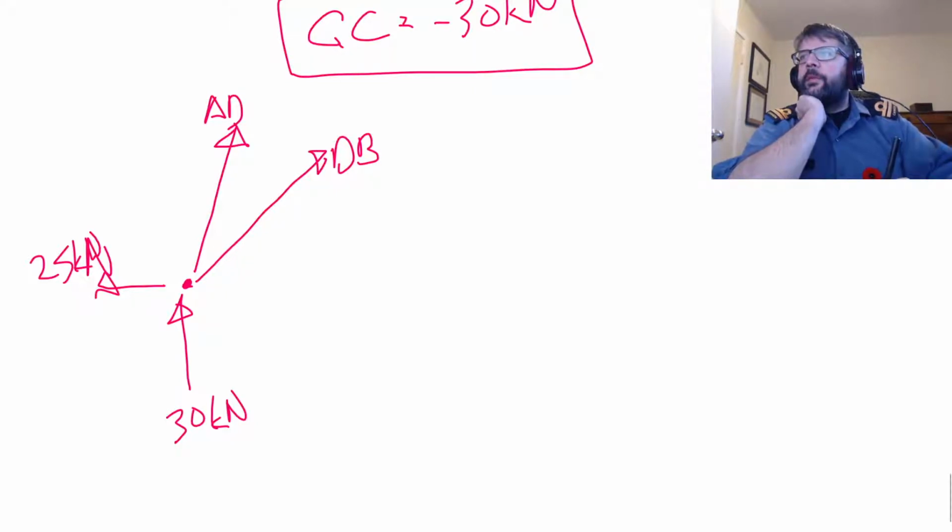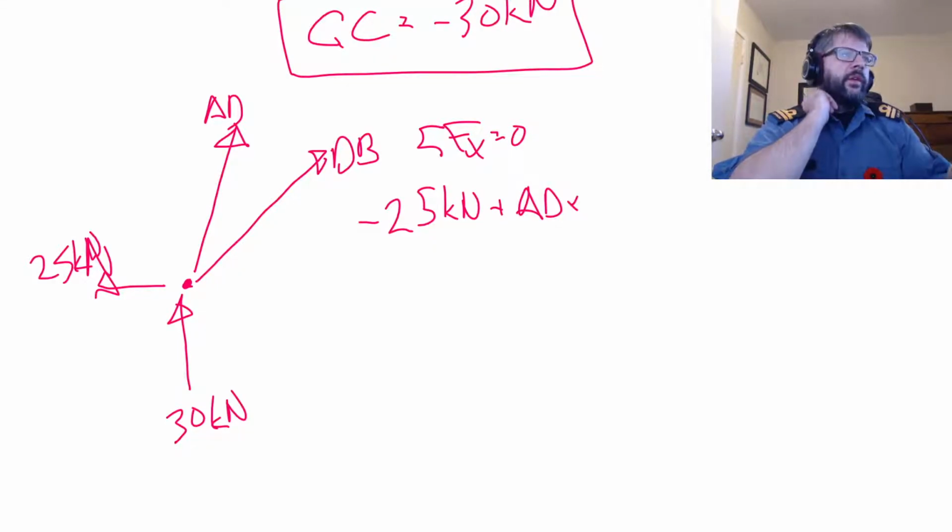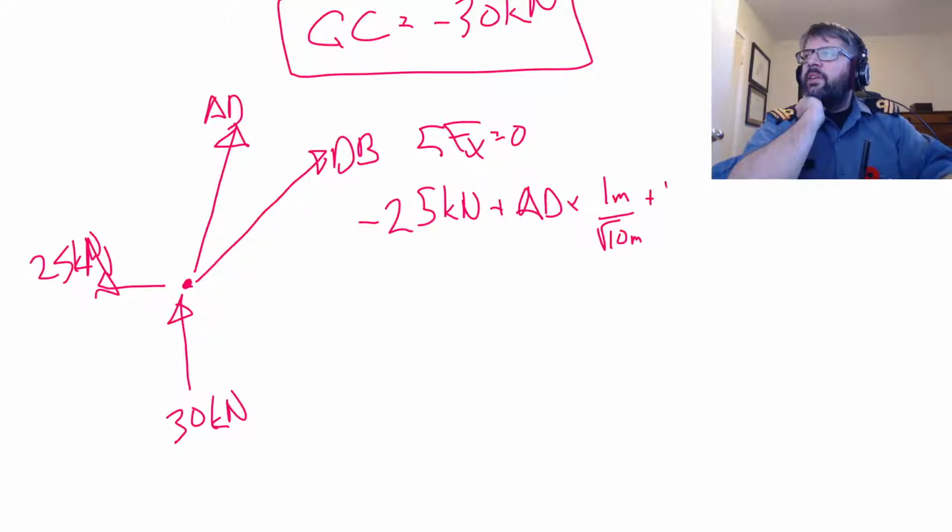So we'll start with the sum of the forces in the x. That'll be negative 25 kilonewtons plus AD times its unit vector in the x direction, so 1 meter divided by root 10 meters, plus DB times the unit vector in its x direction, so 3 meters divided by root 18 meters.